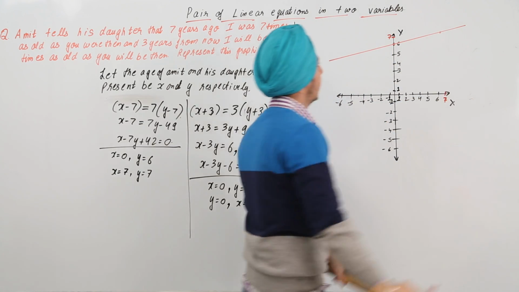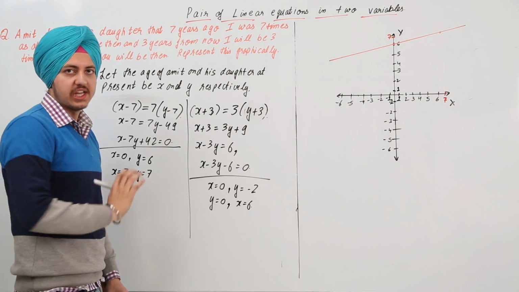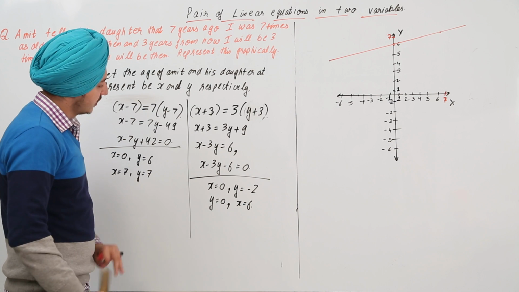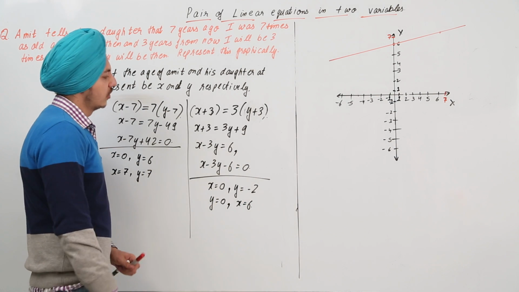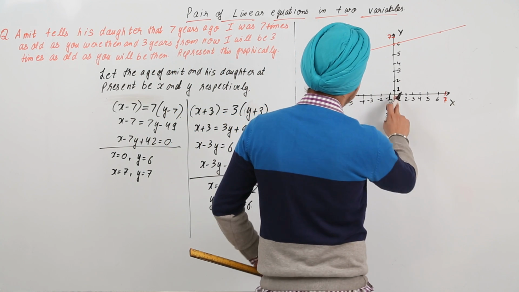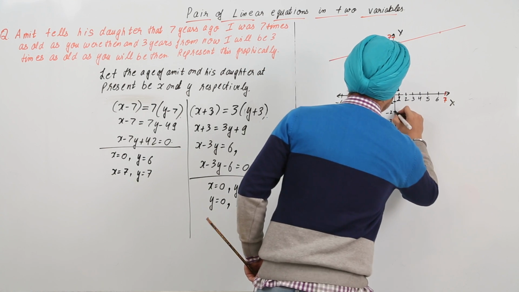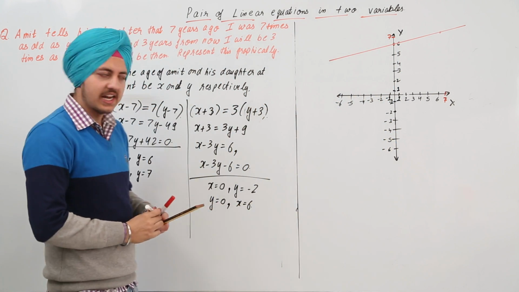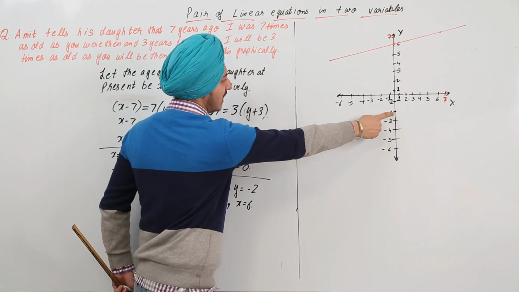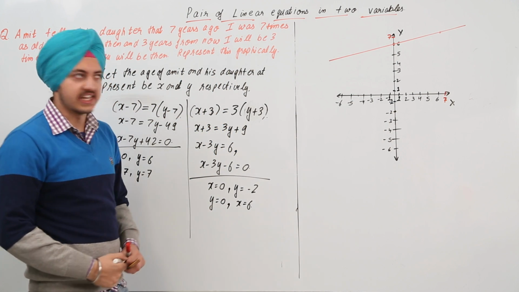Okay, correct? Now we've drawn the first line for the first equation. In the second equation, for x equal to 0, y is equal to minus 2. So this point is over here, correct? x equal to 0 and y is equal to minus 2. For y equal to 0, x is equal to 6.